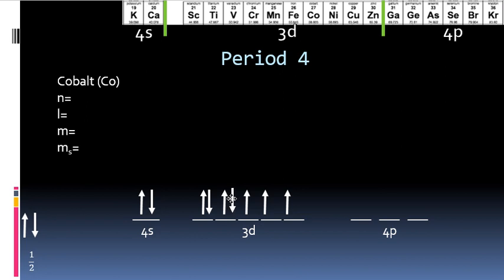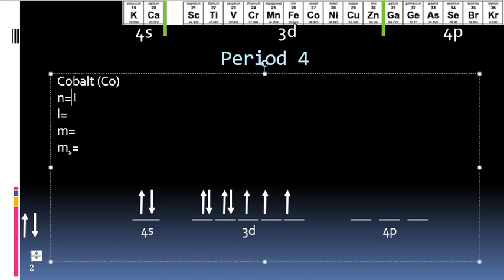Therefore, to describe the 4 quantum numbers for this final electron in the d orbitals, the one that is pointed downwards in the second subshell, well, the principal quantum number would equal 3 because 4 minus 1 is 3. L for any d electron is going to be 2.